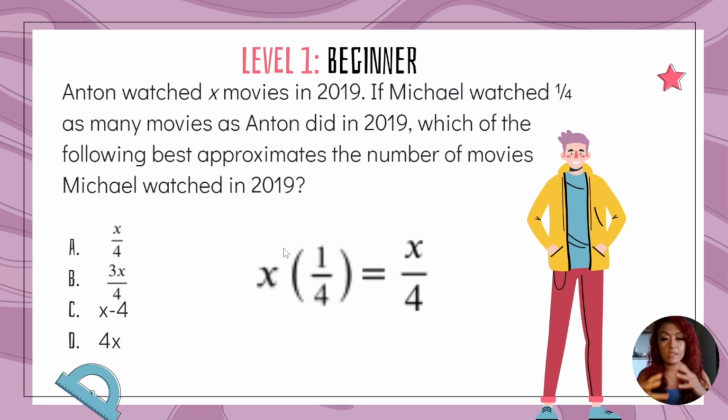Because this is basically multiplying fractions, and X is the same thing as X over 1. So you multiply the numerator by the numerator, X times 1, and you multiply the denominator by the denominator, so 1 times 4. We get X over 4, and that is choice A.